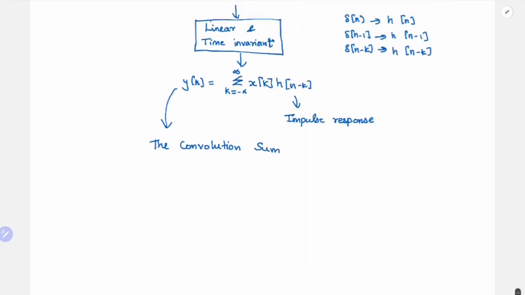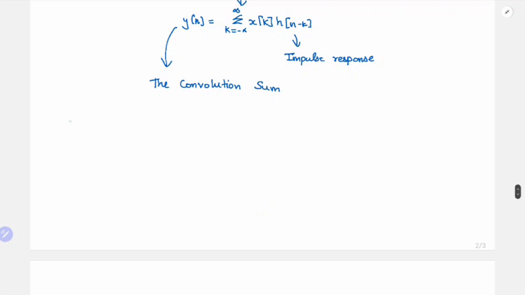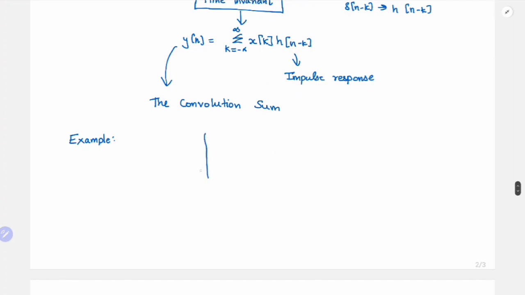So let us see an example to visualize what happens. Example. Let's say we have our x of n given by this graph. At 0 it is equal to 2, and at 1 it is 0.5, and everywhere else it is 0.